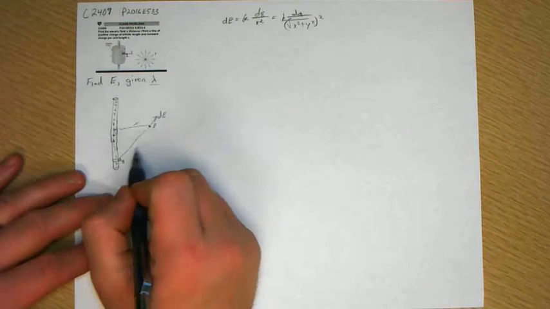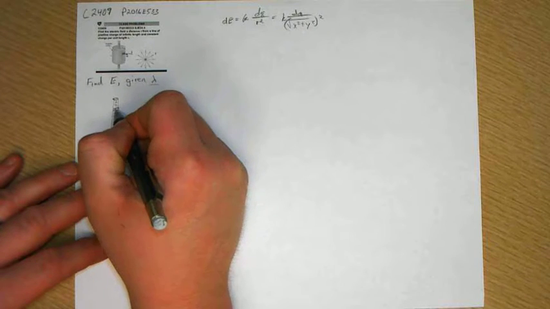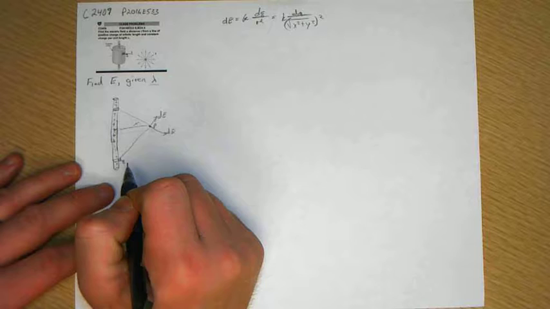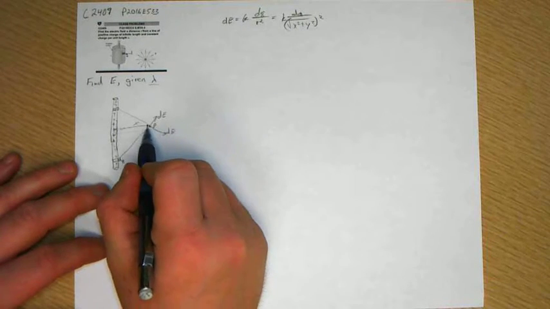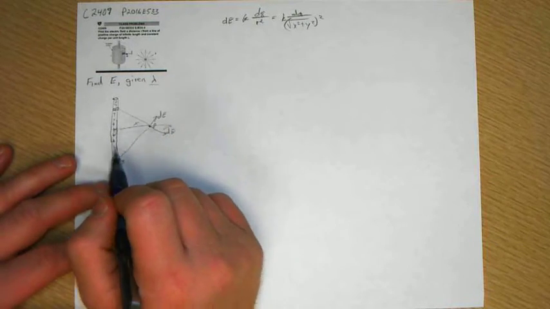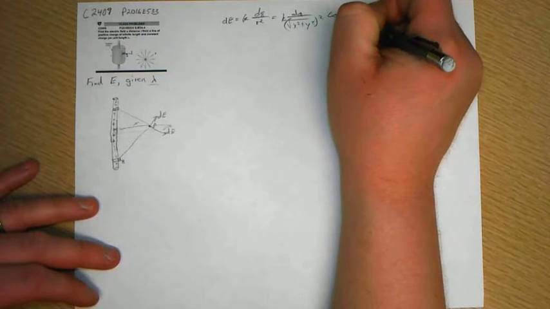And we will also note that for every dq element we have down here, we have a dq element up there, which will create a dE down here. So the only thing that matters is the x component, because all of the y components are going to cancel out. We worked a few problems like this, so we have to put a cosine of theta term in there.